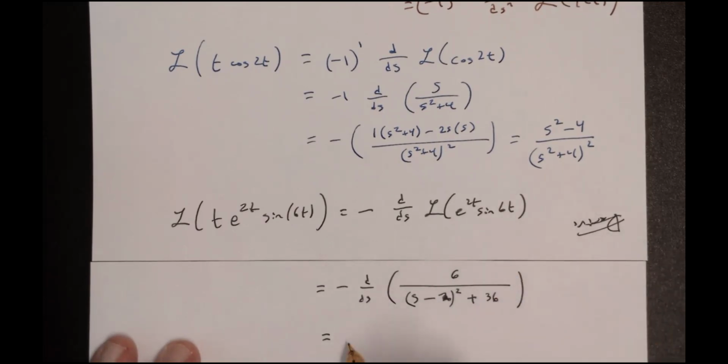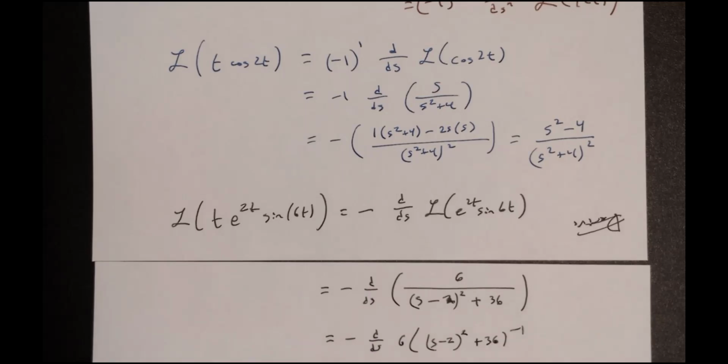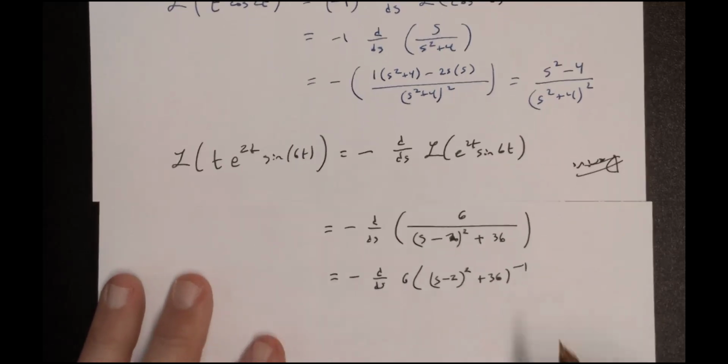I know how to do this. Top's a number, so it'll probably be easier for me to do this derivative with the chain rule. (s minus 2) quantity squared plus 36 to the minus 1. Hey, I'm going to get a negative, and a negative, that's going to be positive. 6 times ugly junk to the minus 2 times the derivative of the inside.